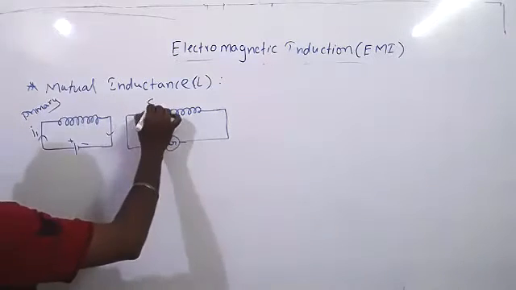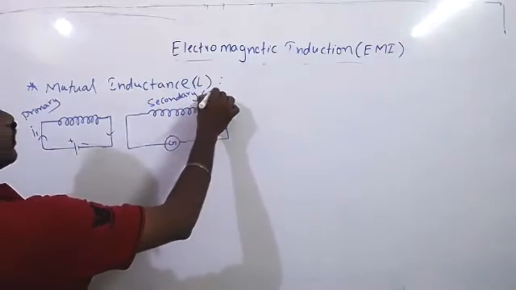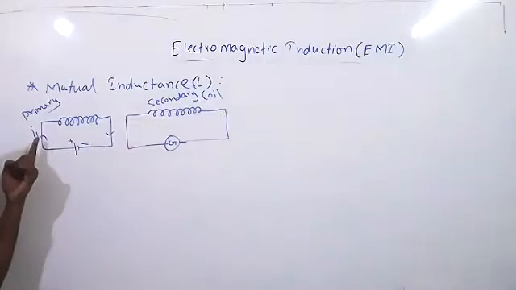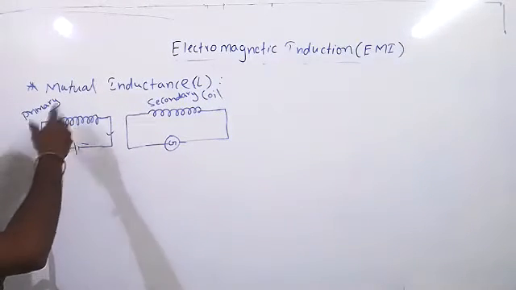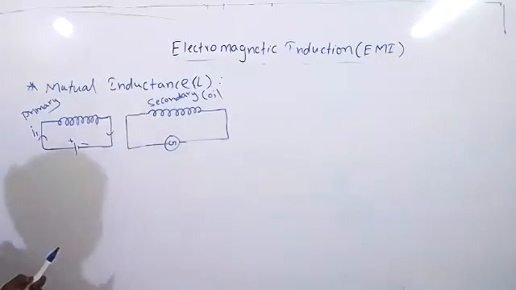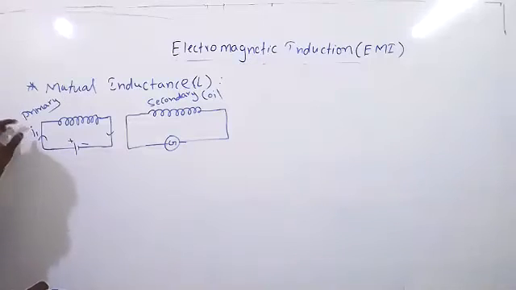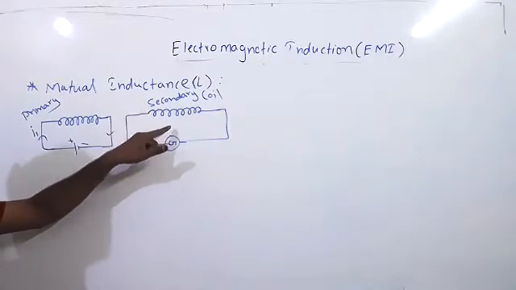It is called the secondary coil. Here what is happening when current is passing? It produces a magnetic field. That magnetic flux is passing through this secondary coil. By changing the current here, the magnetic flux will change in the secondary coil.